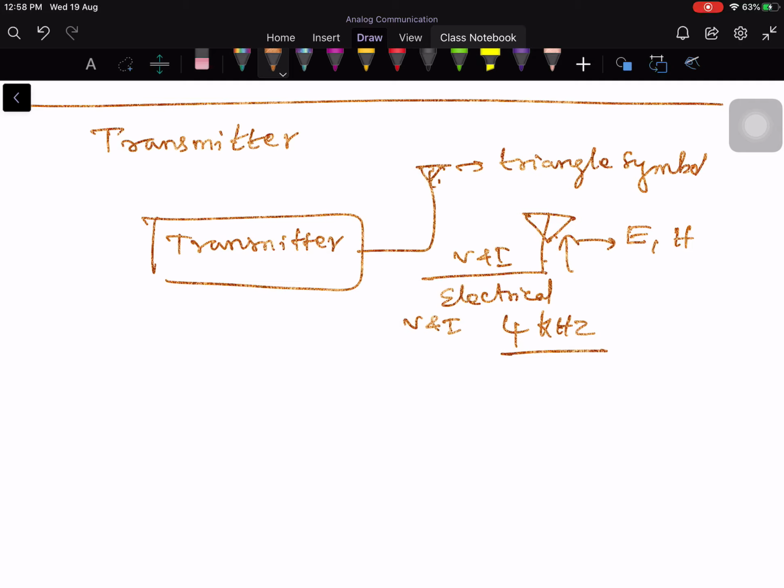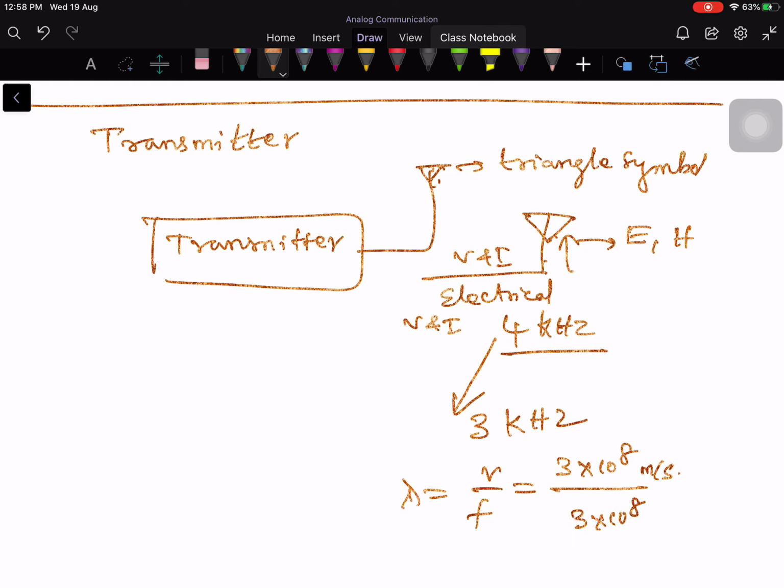Now, let us find out the wavelength for this 4 kilohertz. For the sake of simplicity, let me take 3 kilohertz. So lambda is equal to velocity divided by frequency, velocity in free space. So that is 3 times 10 to the power 8 meters per second, and this frequency is 3 times 10 to the power 3 per second.